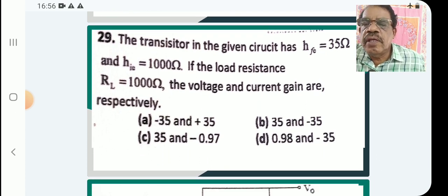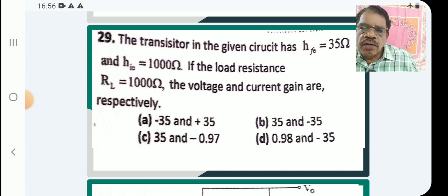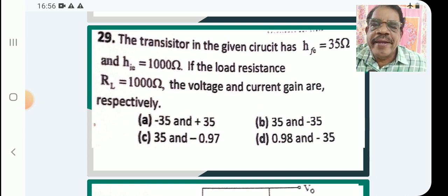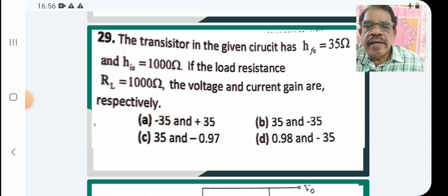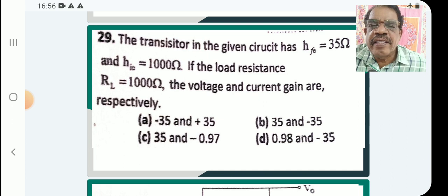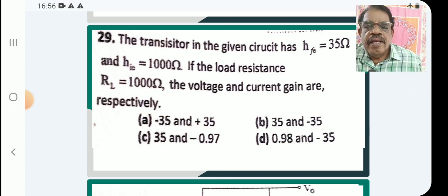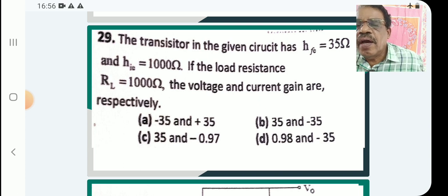Next question. The transistor in the given circuit has HFE is 35. In the question paper it is erroneously printed as 35 ohm. HFE is the current amplification factor that we write as a number; there is no unit. HFE is 35 and HIE, the input resistance, is 1000 ohm.